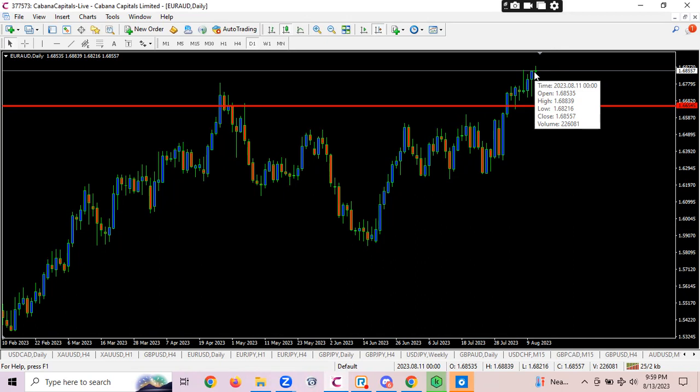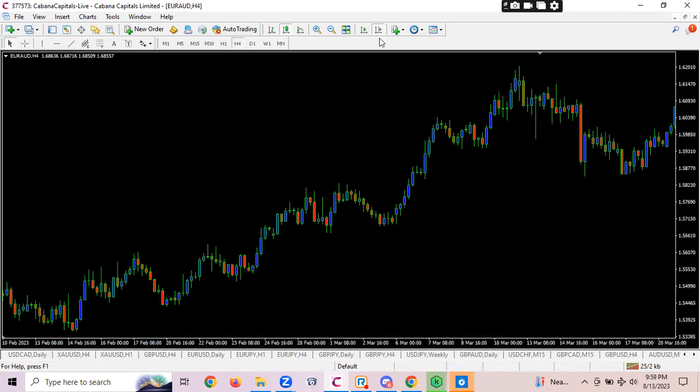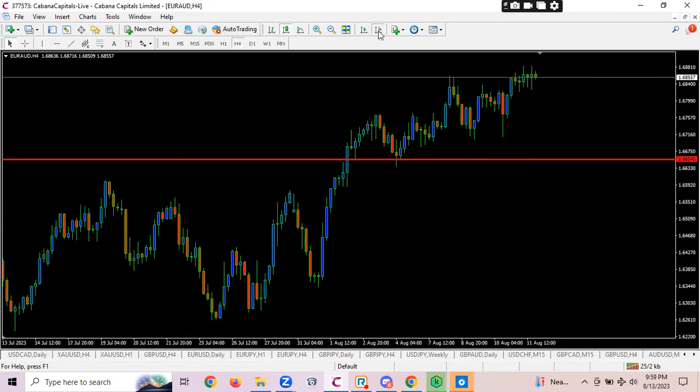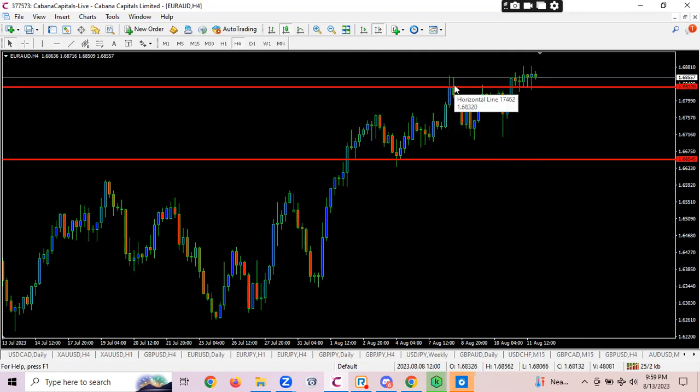Now, if you don't want to wait for the daily candle to close bearish before you sell, what I would suggest you do is identify support and resistance on 4-hour time frame. So our previous resistance turned support on 4-hour is this. We also had a previous resistance turned support.